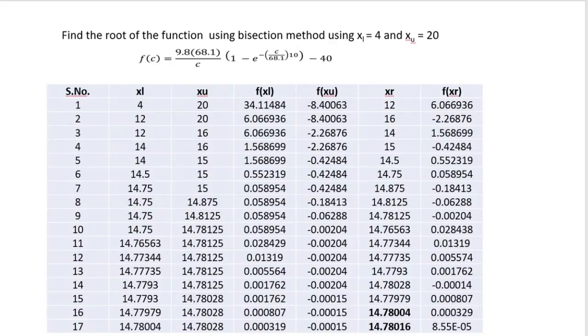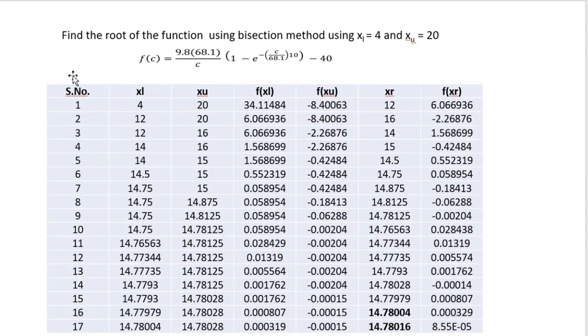Just to give you an example, this is an example I have solved. This is the given function f of c, where we have to find the root of this particular function. That means we have to find the value of c for which f of c becomes equal to 0 using the bisection method, and the lower limit and the upper limit are XL equal to 4 and XU equal to 20.